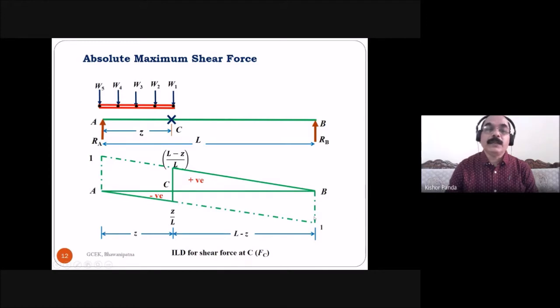Where the ordinate is maximum. For negative shear force, the ordinate of the ILD should be maximum, and for positive shear force, the ordinate of the ILD should be maximum. This is the maximum ordinate for negative shear force, and this is the maximum ordinate for positive shear force.